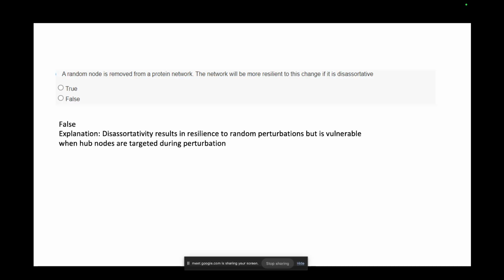So if there are more hubs connected together and you randomly remove something, then the other hubs will also be affected equally, and that will make the network more fragile, isn't it? But if there are more independent nodes and fewer hubs, and you randomly remove a node, you're not targeting any specific perturbation to a hub. So in that case, that network will be more resilient.